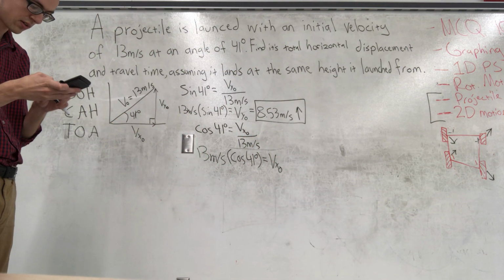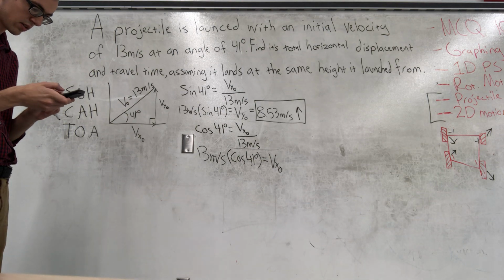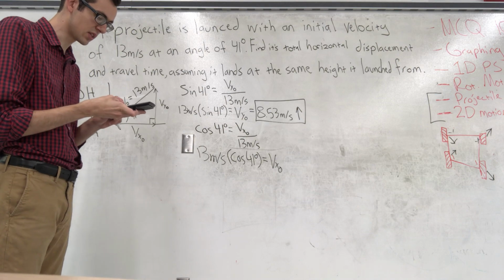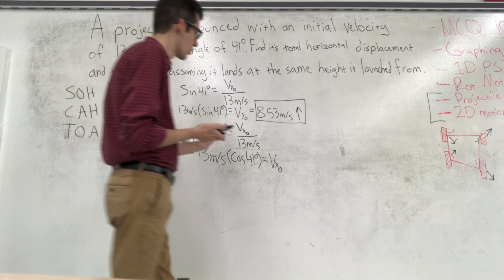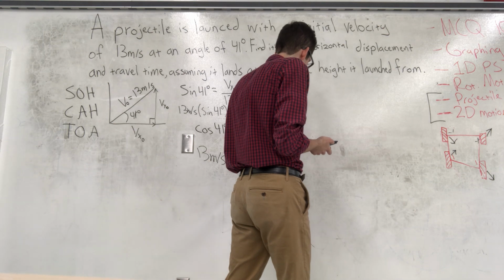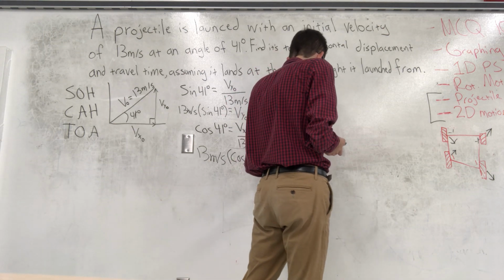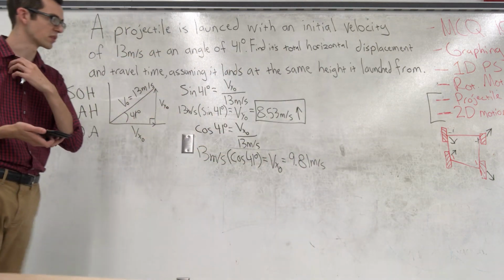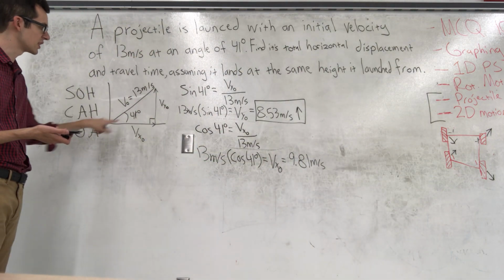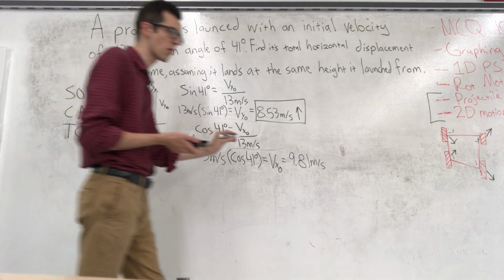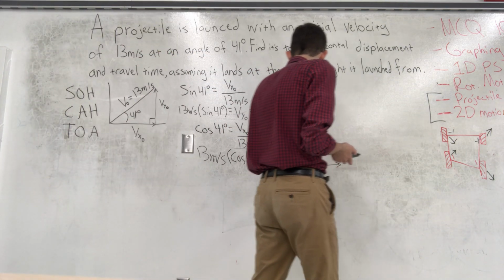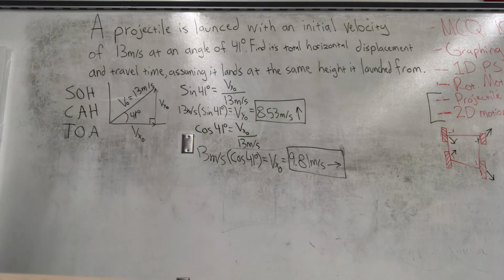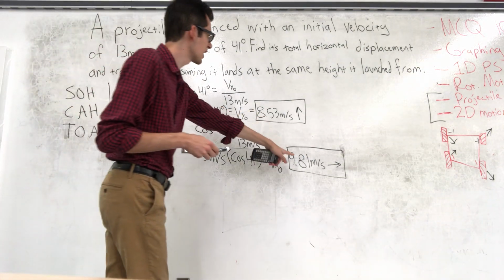Cosine of 41 is 0.75, and multiplying that times 13, our x component is 9.81 meters per second. Looking at our picture, that's going to the right, so Vx0 is 9.81 meters per second to the right. These two values will help us get what we're looking for.